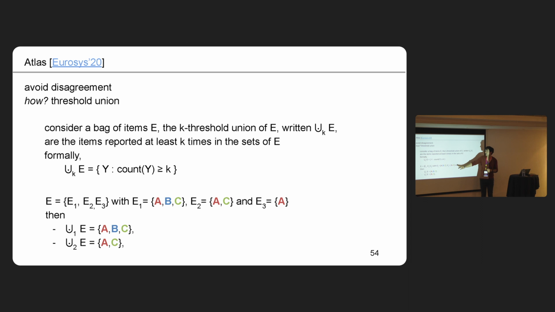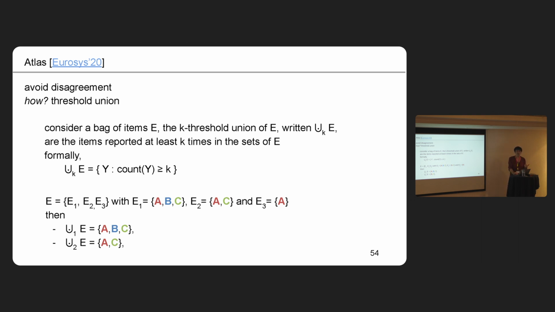So for instance, if E consists of E1, E2, E3, and you have those sets of dependencies, the one-threshold union is reporting all of the commands, because they appear at least one time, whereas the two-threshold union is reporting all of the commands that are reported 2 times. So there are 2 of them, A and C. Okay, so this is the cornerstone, the core abstraction that is being used in the protocol. It's simply returning commands that are reported enough, for some value of enough, which is k here.